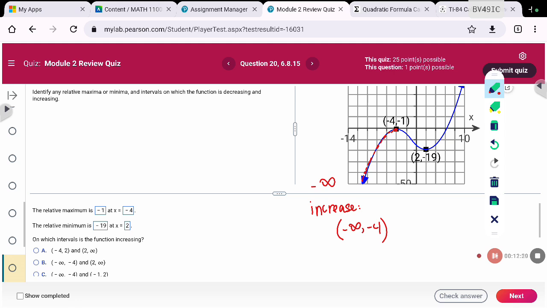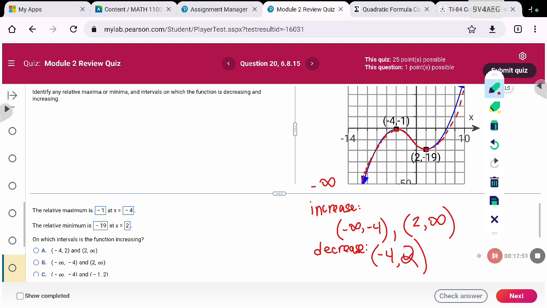And then it's going to go down for a little bit until it gets to this point, and then it's going to increase again. So that one's increase starts at 2 and goes to infinity. And the decrease, which will be this middle part right here, starts at -4 and goes to positive 2.